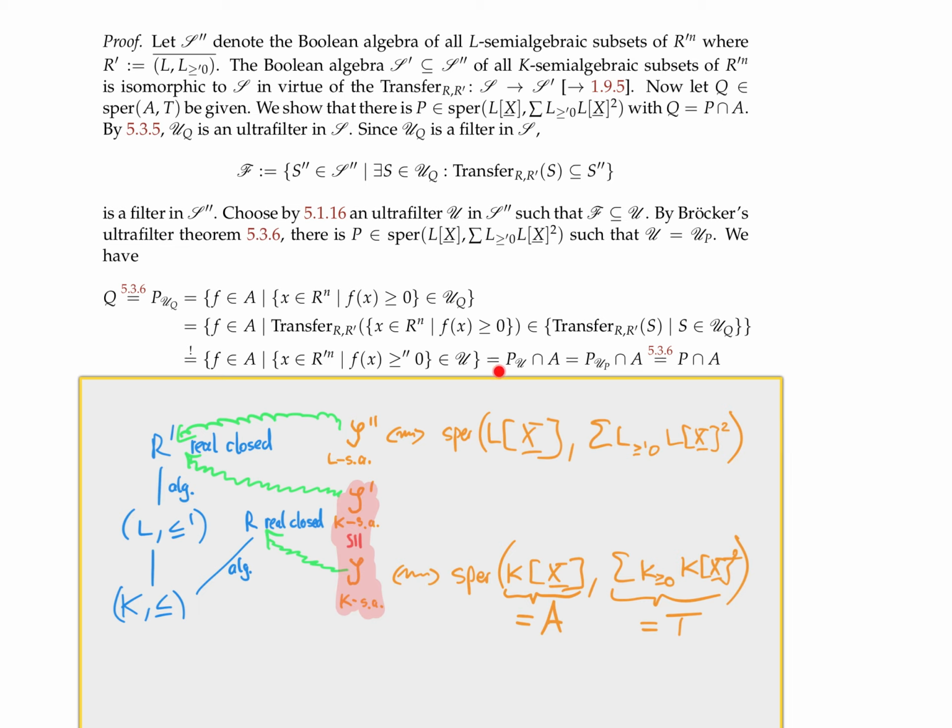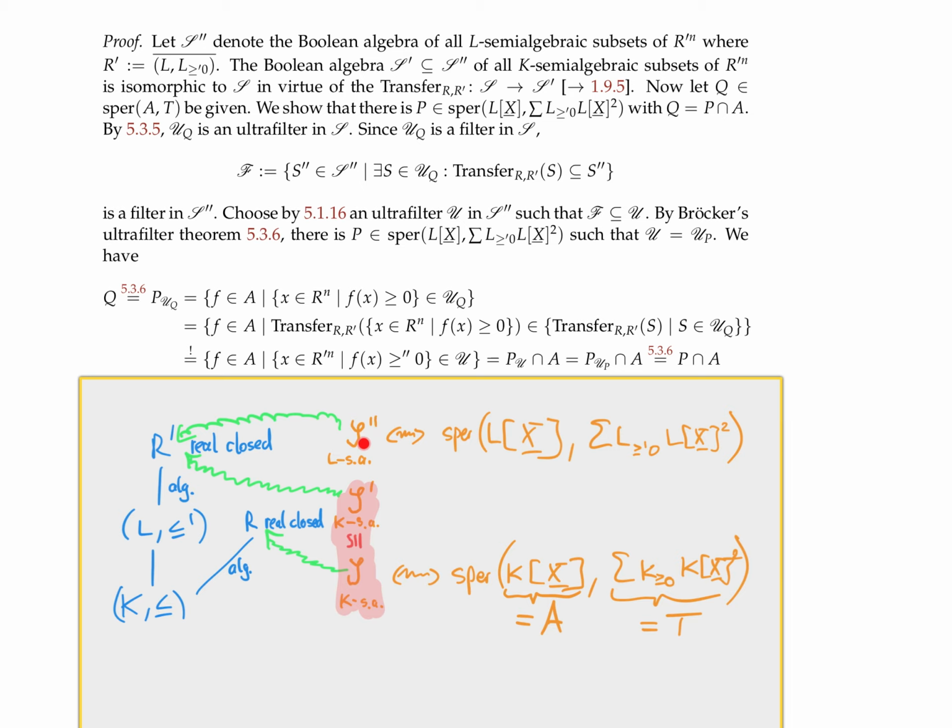But once you accept this, then this is by the definition of Brecker's ultrafilter theorem, that's PU. I mean, if I wrote here a polynomial ring over L instead of K, that would be exactly PU, you know.